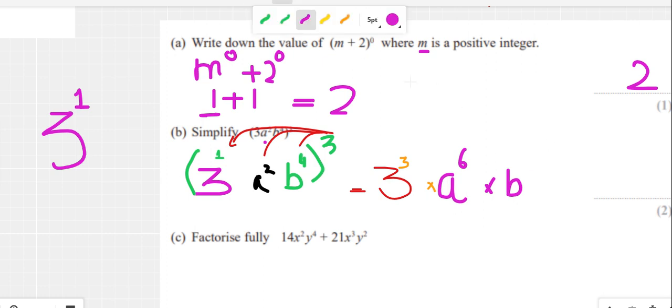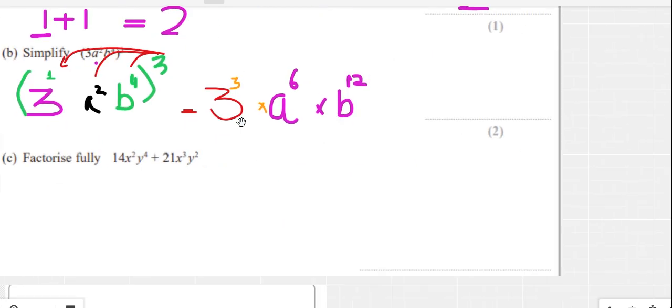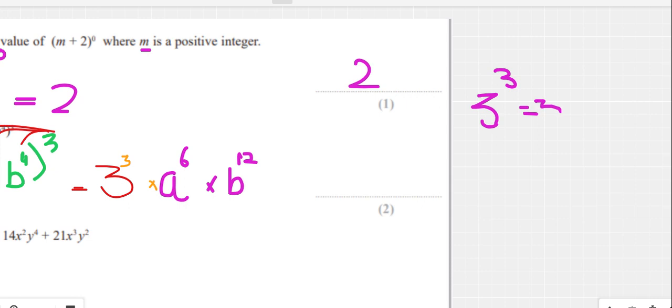So what I can do is look at 3 cube. According to the indices rule, if we have a simple number and we want to write the expanded form of it, like 3 cube, you repeat the 3 as many times as its exponent.